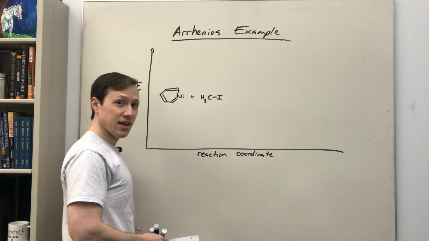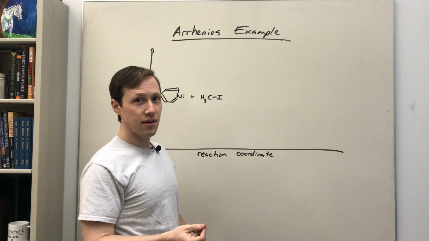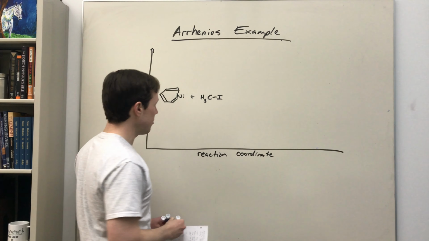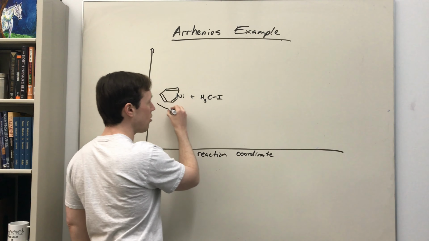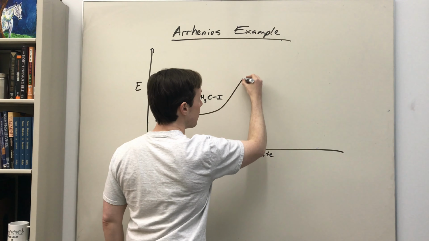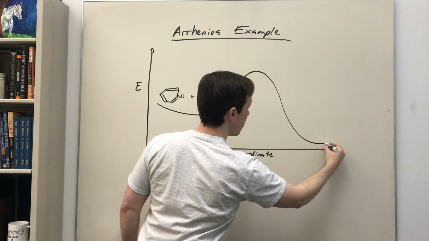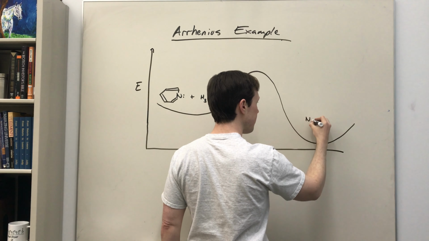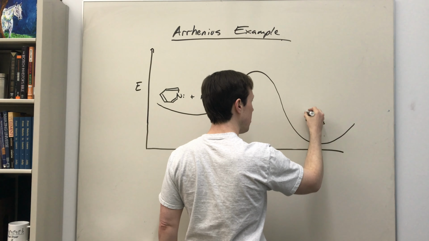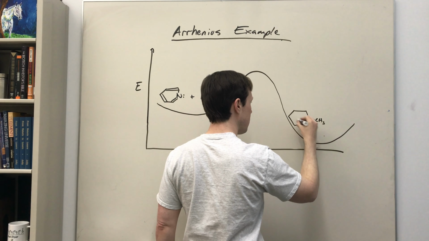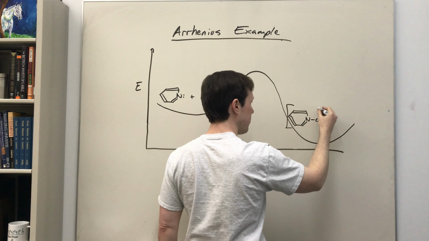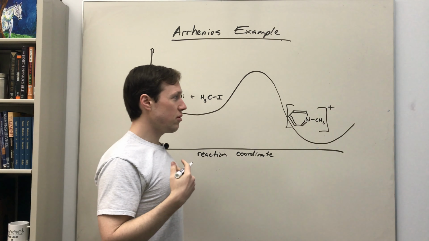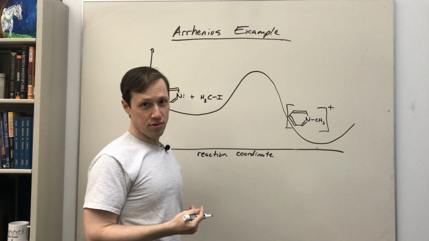Very much as in the case we looked at with t-butyl chloride, this iodine is going to be able to leave that molecule. So these are our reactants. And once the reaction is complete, the structure that forms will be this one, with nitrogen now bonded to the methyl group.